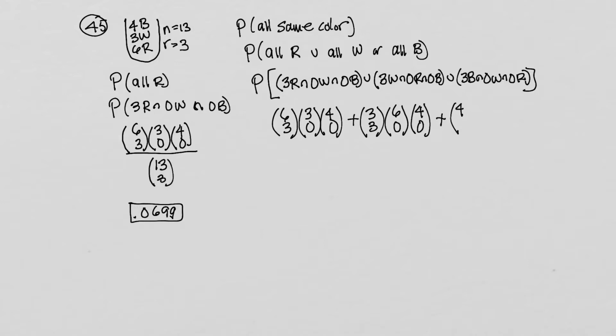There's 4 blues from which to choose, we want 3 of them. Whites, there's 3 whites, we want 0 of those. And there's 6 reds, we want 0 of those. And our denominator, once again, since we've got 13 marbles and we're choosing 3, is the number of ways we can choose 3 from 13. And when I computed this, rounded to 4 decimal places, I'm getting 0.0874.